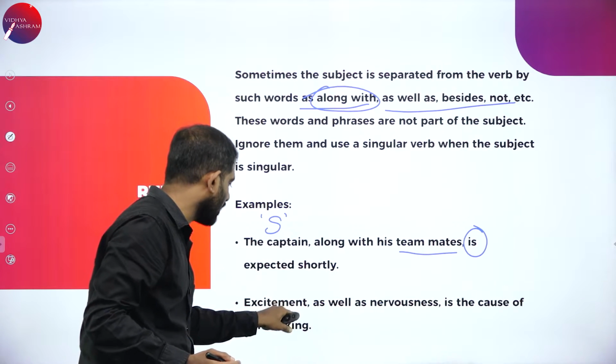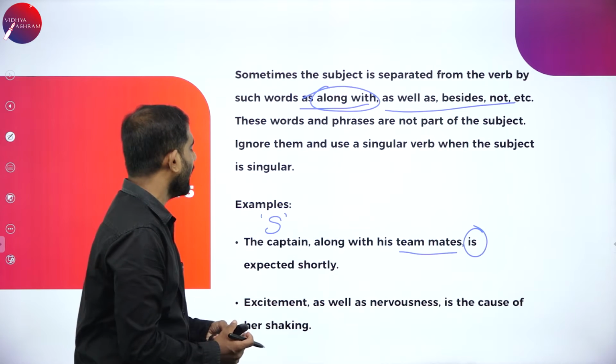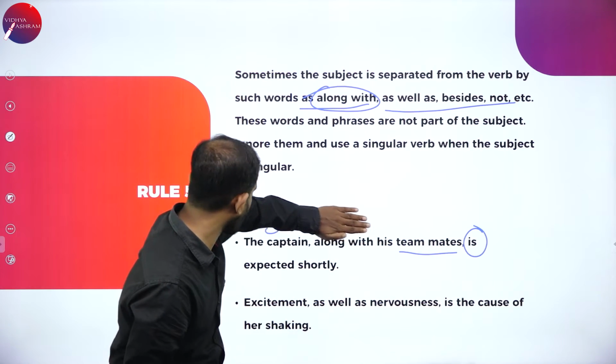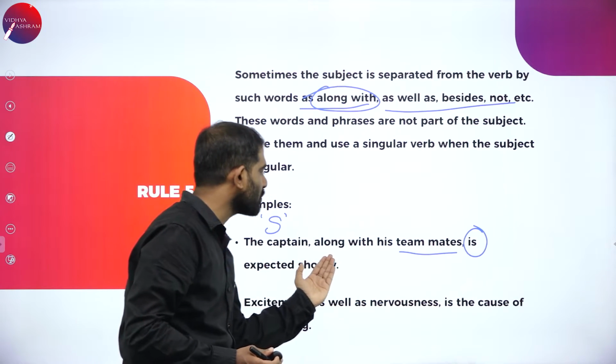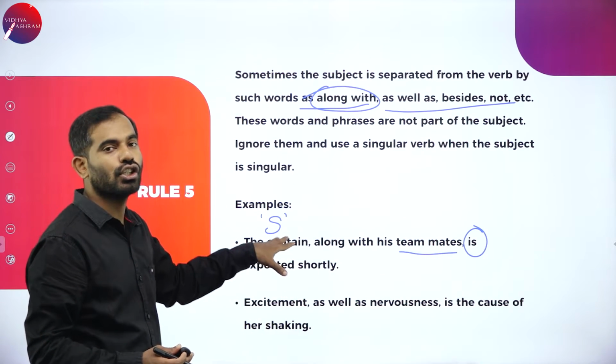Here, the main subject is singular, so we are using a singular verb. If we remove this phrase: teammates are expected shortly. But we have the sentence: the captain along with his teammates is expected shortly.